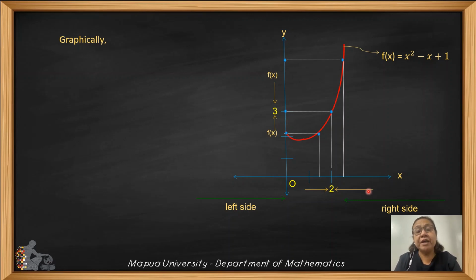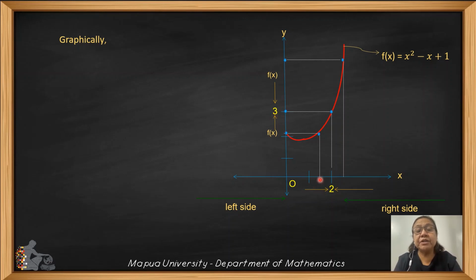As we pick x values greater than 2, the points on the curve are positioned above this point. And if we make the x value move closer and closer to 2, the points on the curve tend to move downward, getting closer and closer to this point. Therefore, we observe that f of x values are decreasing, and these are decreasing towards 3.